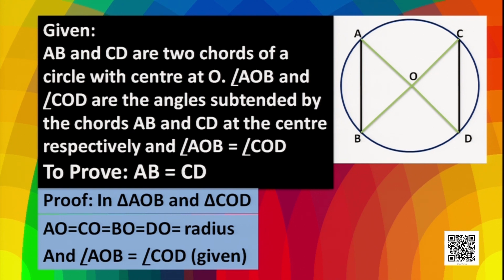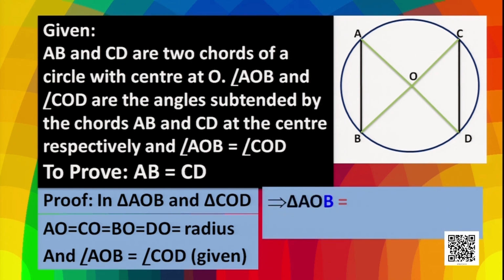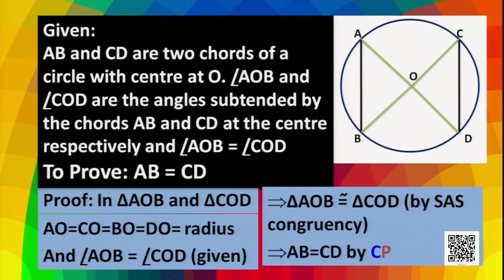So what next? Triangle AOB and triangle COD are congruent, and here the congruency is by side angle side congruency. As the two triangles are congruent, their corresponding parts AB is equal to CD.